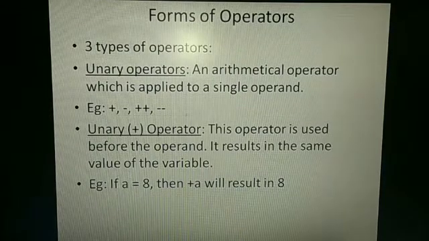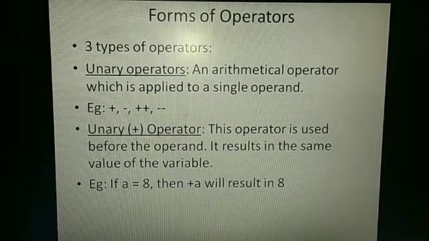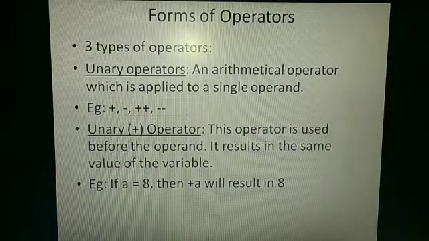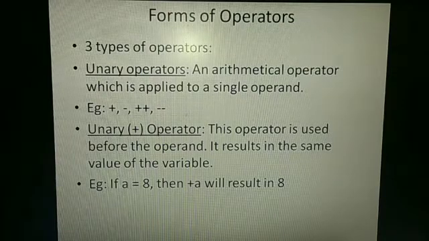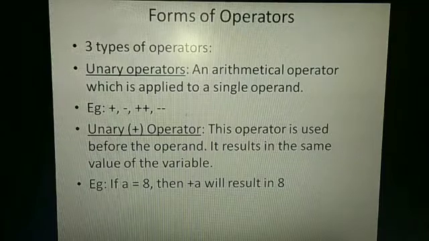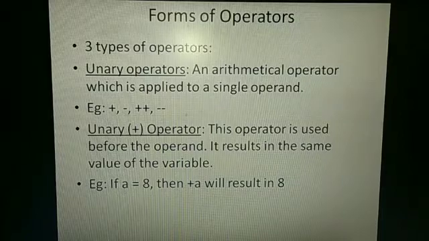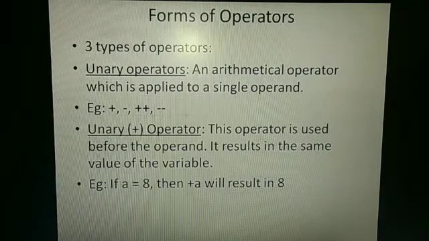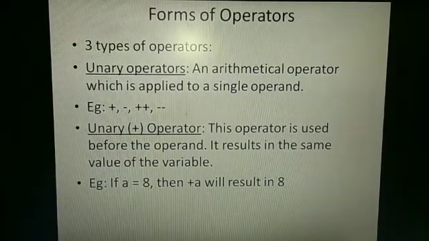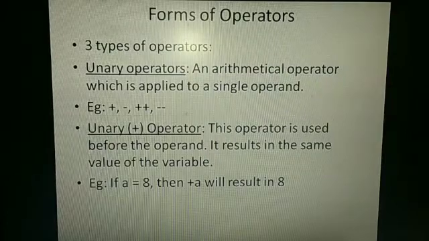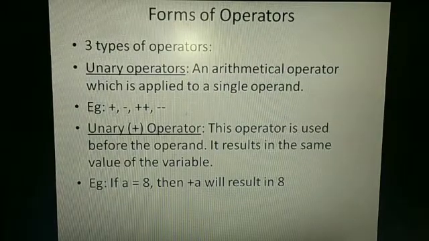Now just look into your unary plus operator. This operator is used before the operand. It results in the same value of the variable. Understand the concept. For example, for a variable a, I have given a value of 8.